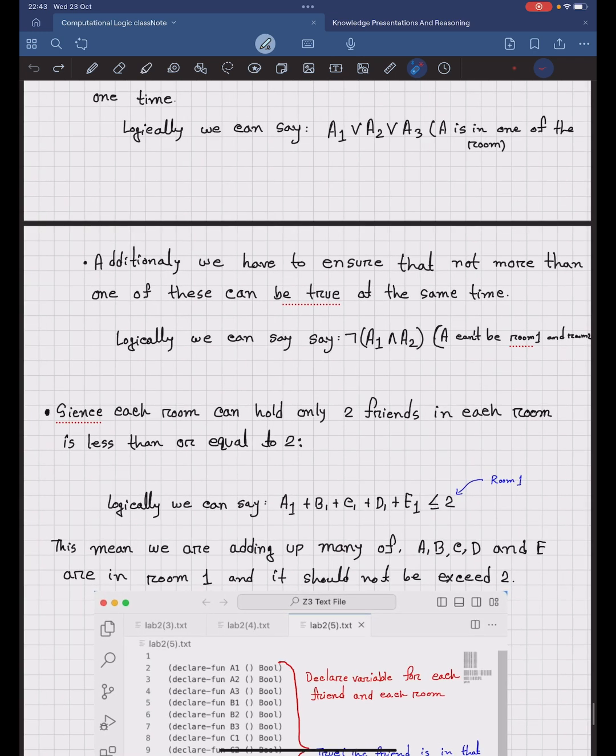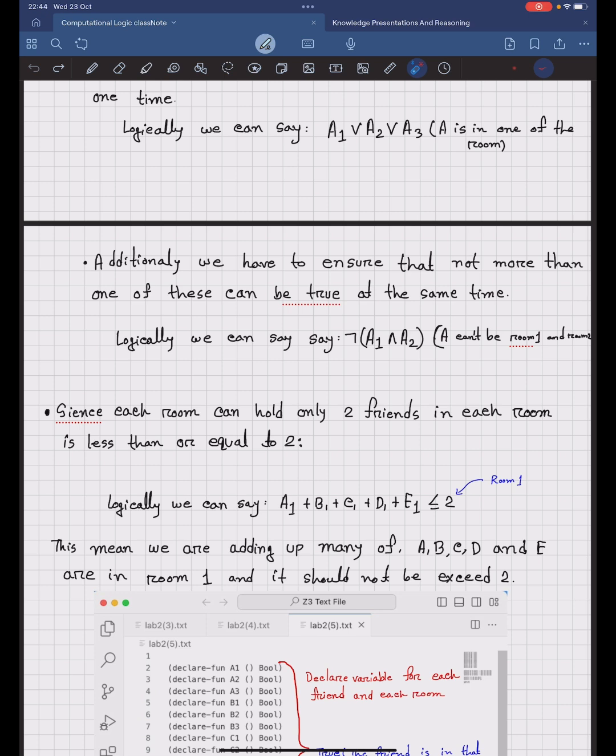Additionally, we have to ensure that all of this can be true at the same time. I'm sorry, I give you the explanations before the topic comes. So there is no possibility for one person to stay in two rooms at once.